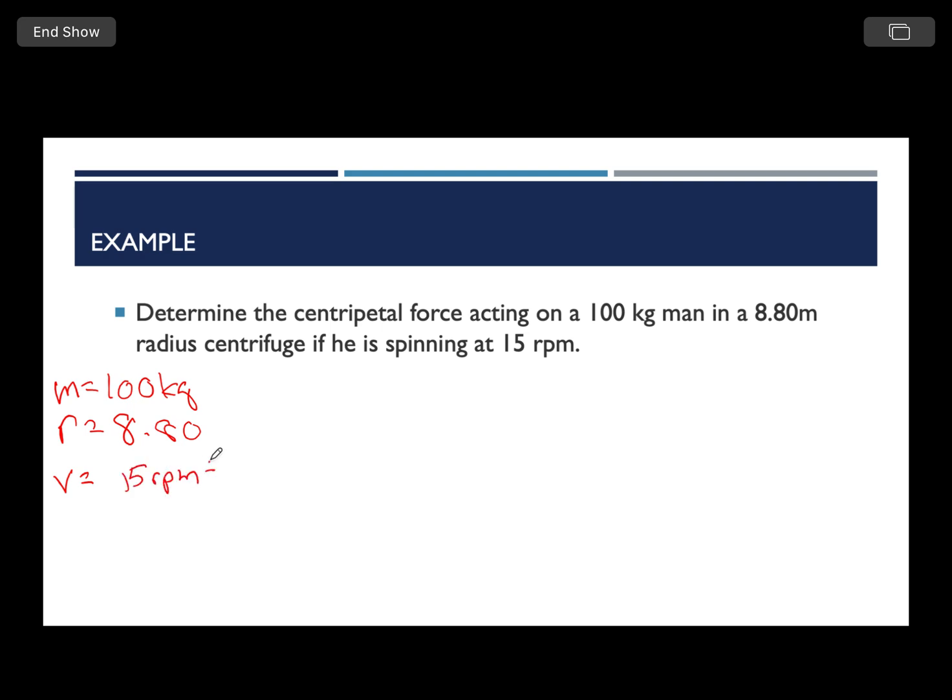But we know we can divide that by 60 to get our frequency of 0.25 hertz. Sorry, that's our frequency, not our speed. So because I got the frequency, I am going to find the period. I could have used the formula with the frequency, I suppose, but I always like to use the period, mostly because it's easier to work with not decimals.